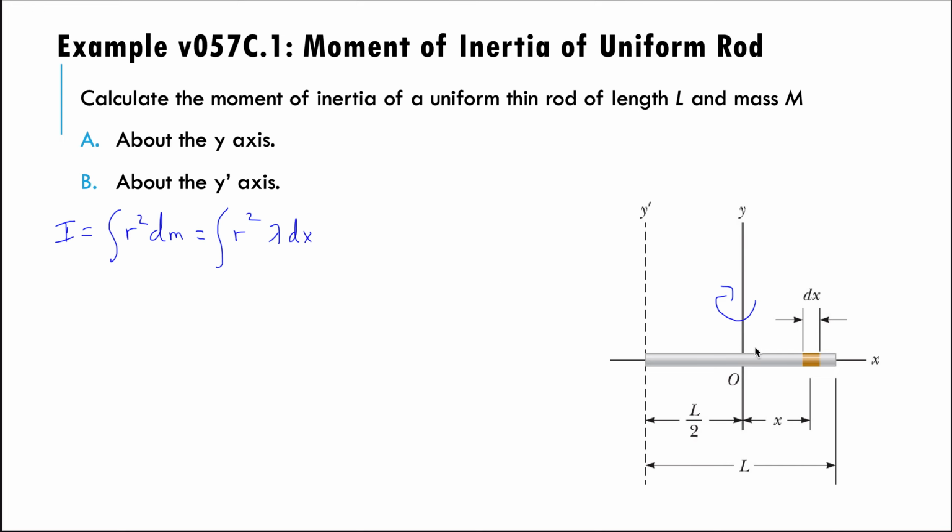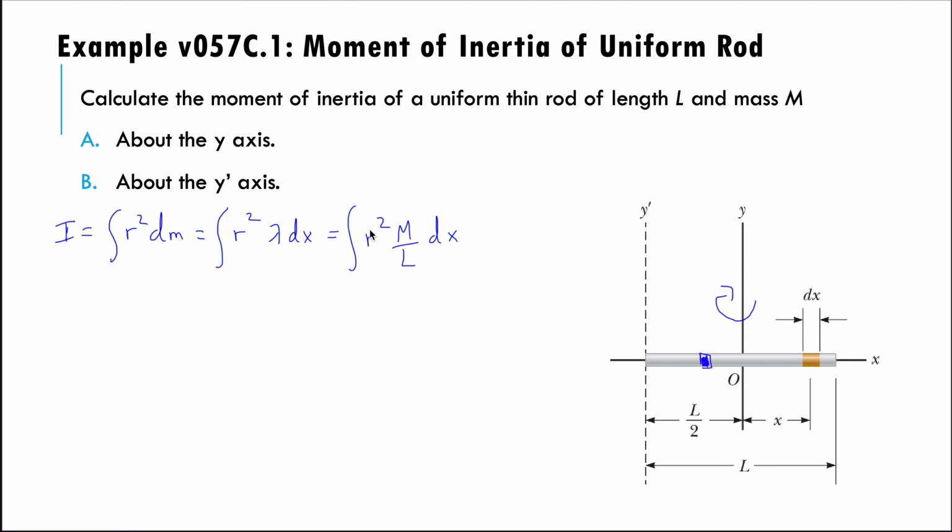That way we can integrate over the length. We're splitting up the rod into a bunch of little segments that have a length dx. They each have a mass dm and a length dx. We can also write our linear mass density as mass per length. So lambda is M per L dx.